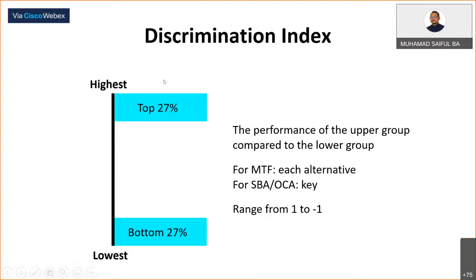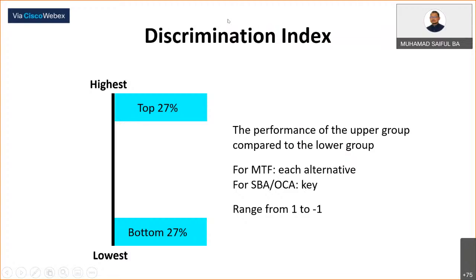So how many of the students at the upper level got the answer correct, and how many at the lower level got it correct? Let's say out of 27 top performers, 25 got the answer correct for that particular question, and at the bottom about 5 students got it correct.